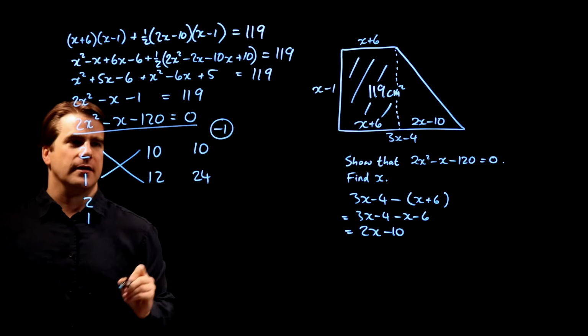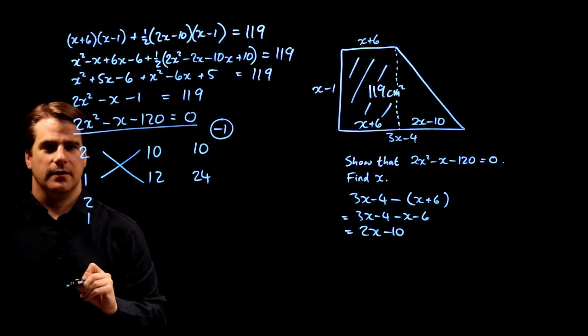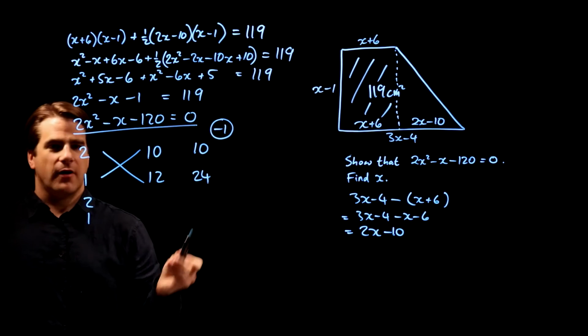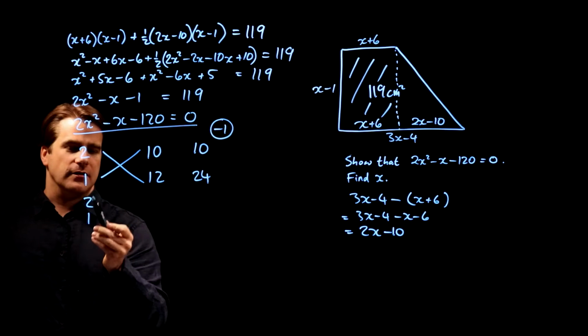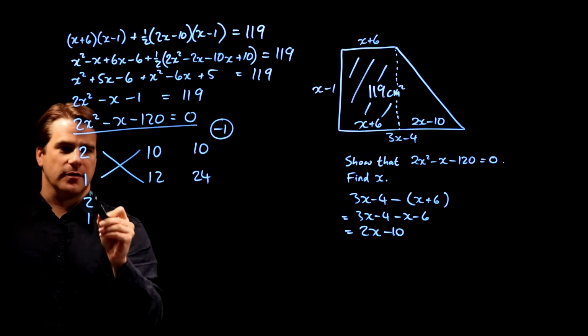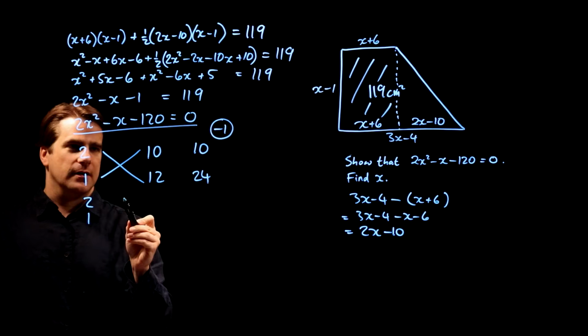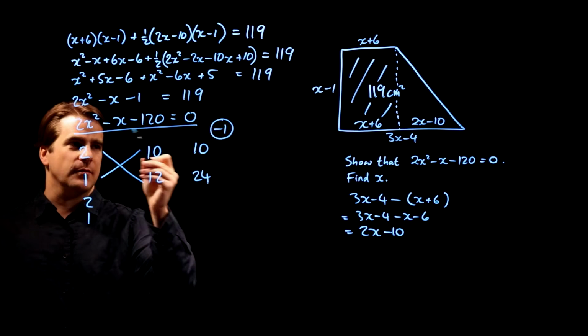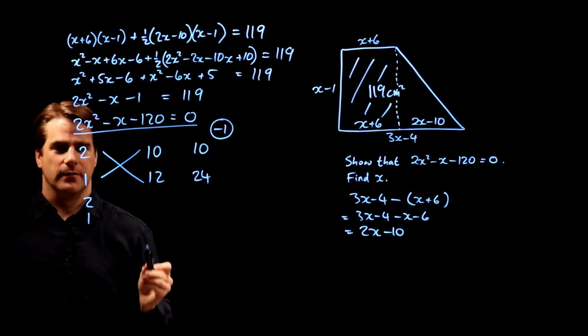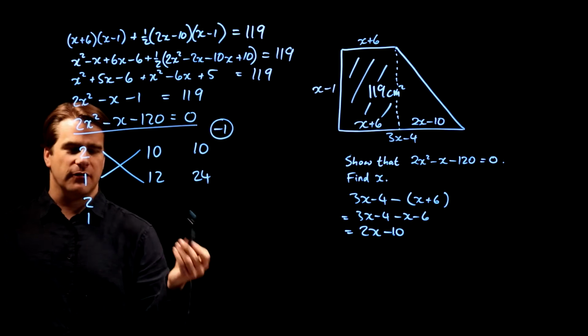2, 1. 2 numbers multiply to give 120. Now, with practice, you get better at this method. Because one of these numbers is multiplied by 2, and they have to add in some way to give -1, you know that one of them is going to be roughly half of the other.